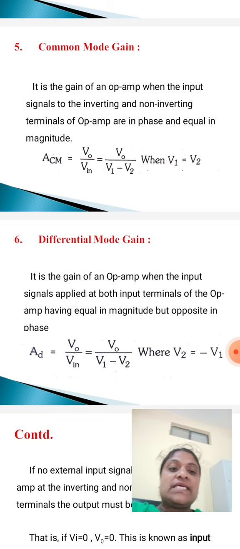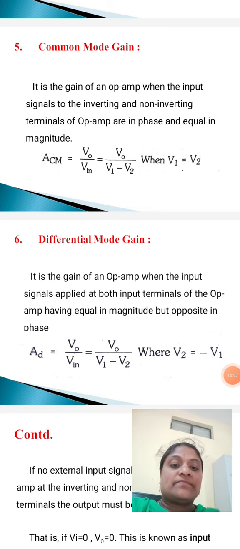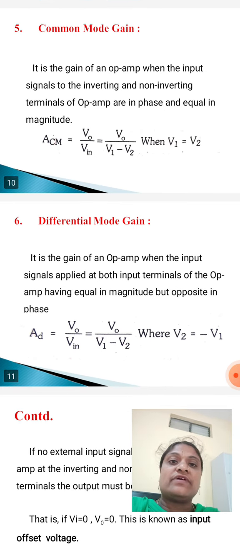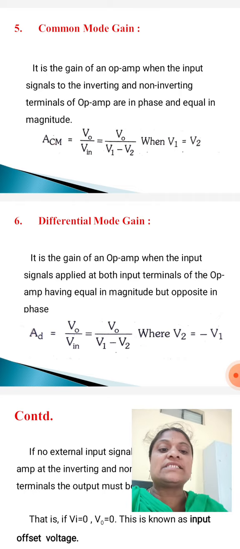I repeat once again, differential mode gain is the gain of an op-amp when the input signals applied at both input terminals of the op-amp, meaning the inverting and non-inverting terminals, are equal in magnitude, similar to common mode gain, but opposite in phase, that is 180 degrees out of phase.